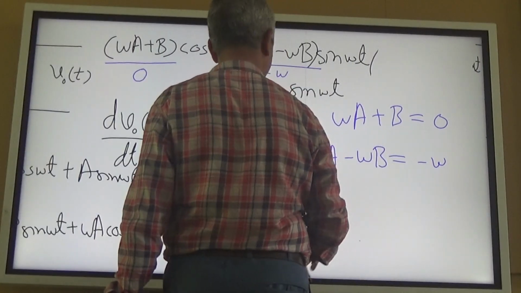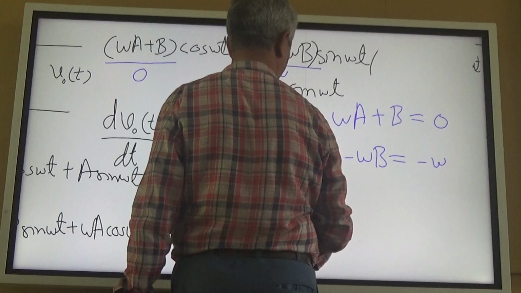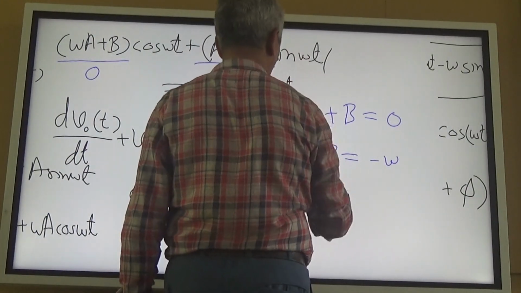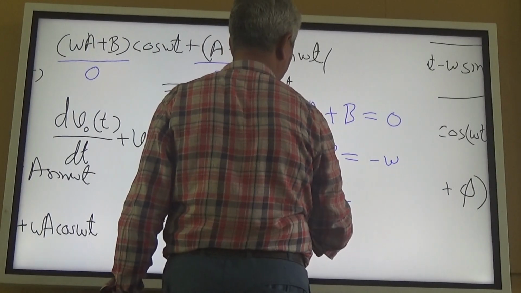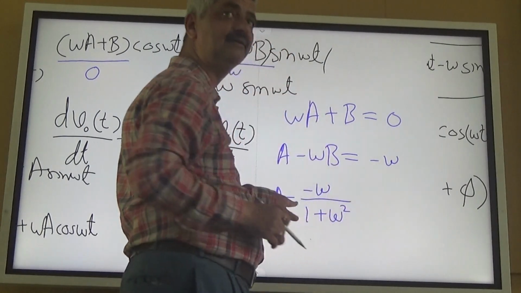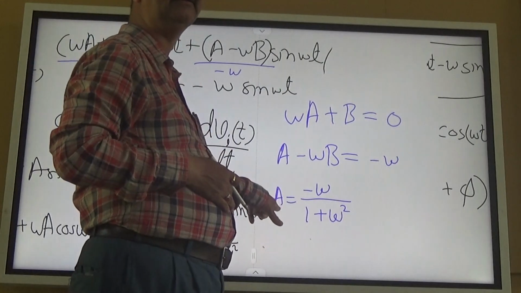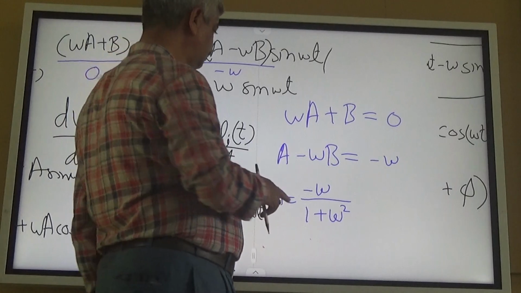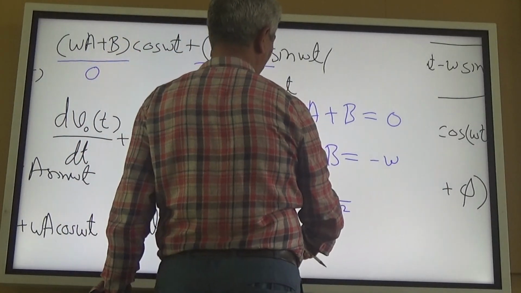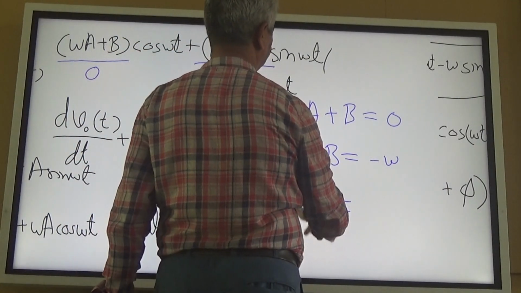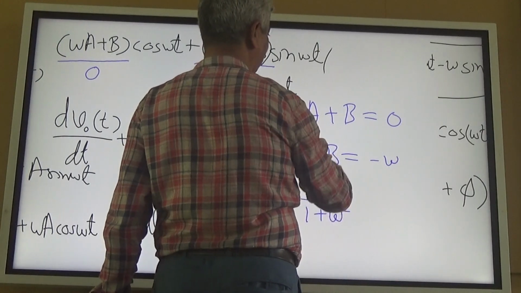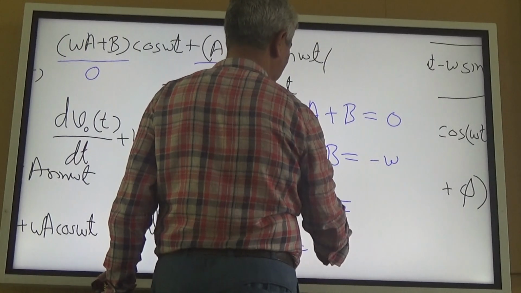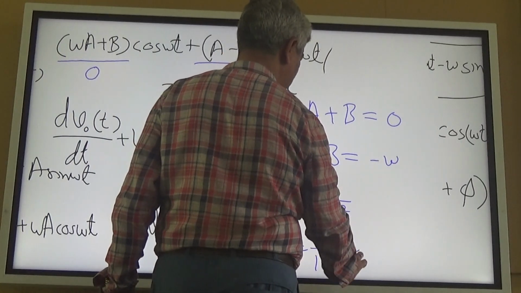We have got A as, what was A? A was minus omega. Right? I mean, A was this, no? And B? So when we put this here, we get B as omega square upon, right?